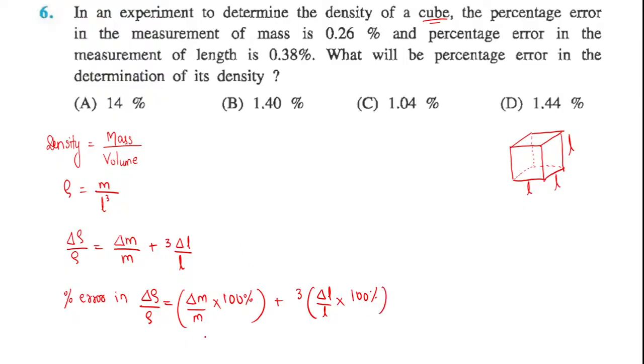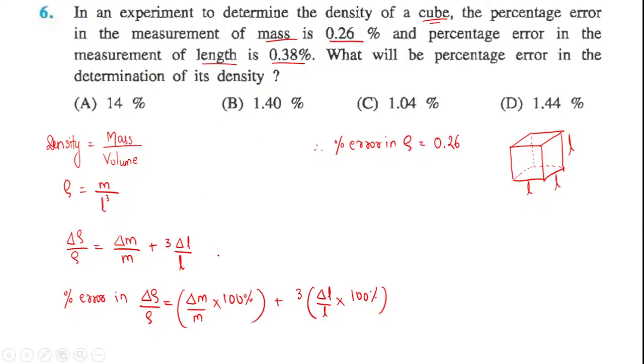But you see the value of delta m into 100% is given to us. How much is that? Mass is 0.26 and length is 0.38. Let us substitute. Therefore, percentage error in density, I'll just write down rho now. What is the percentage error in the mass? We can see over here that is 0.26.